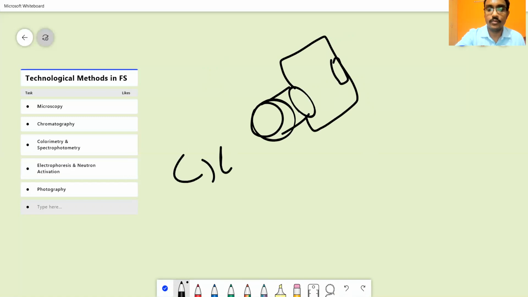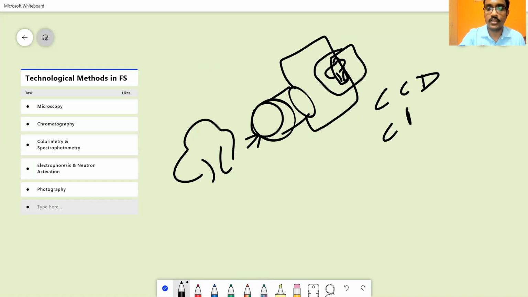So you have an image of a tree, it goes through the aperture, hits the lens, and an image of the tree is formed here. So we used to have optical cameras before. Now we have digital cameras which have better sensors. So we have CCD sensors, CMOS sensors. We have multiple ways of sensing the object and forming an image.